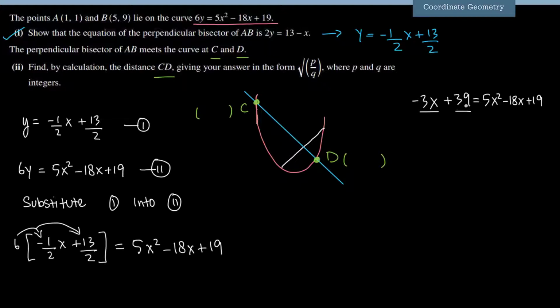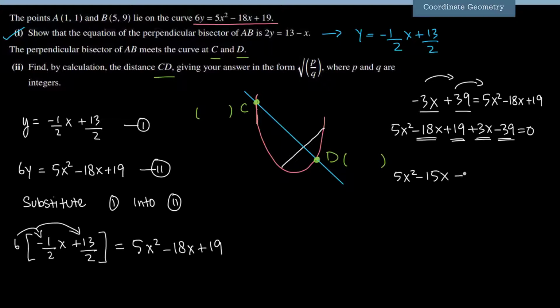Sending these two terms on the other side would give me 5x square minus 18x plus 19 plus 3x minus 39 is equal to 0. Minus 18x plus 3x is going to give me minus 15x. So 5x square minus 15x, and 19 minus 39 is going to give me minus 20. This is equal to 0.